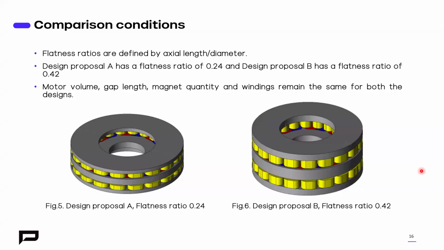We have some questions. How to make distributed winding in the axial flux machine? We have to create it in the editor as a CAD design, and we can directly import it as a solid model.